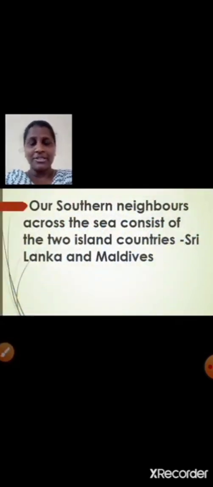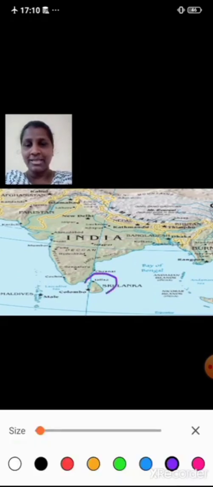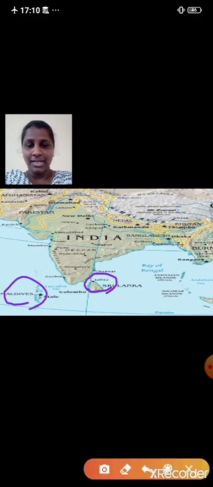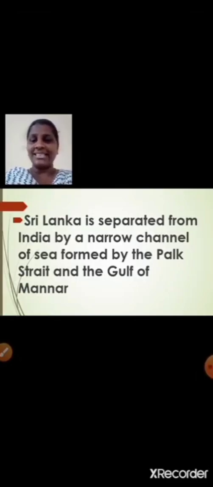Our southern neighbors across the sea consist of the 2 island countries, Sri Lanka and Maldives. So our southern neighbors are Sri Lanka and Maldives. Sri Lanka is separated from India by a narrow channel of sea formed by the Palk Strait and the Gulf of Mannar. So how is Sri Lanka separated from our country, students?